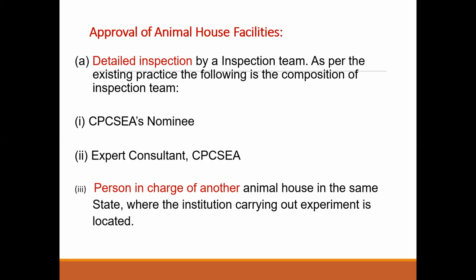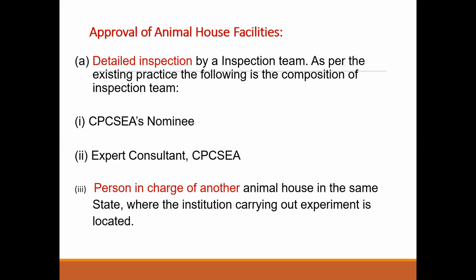So a detailed inspection by the inspection team, as per the existing practice, has the following composition. The CPCA nominee is one of the members, an expert consultant of the CPCA, and the person in charge of another animal house facility. So this is an inspection committee.